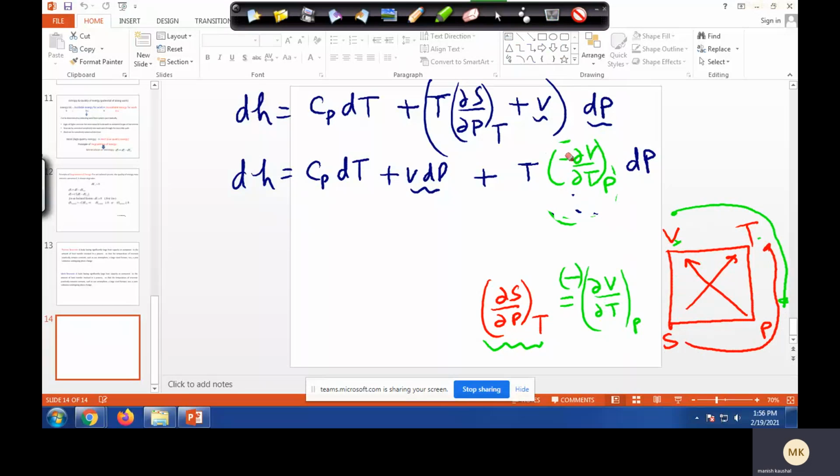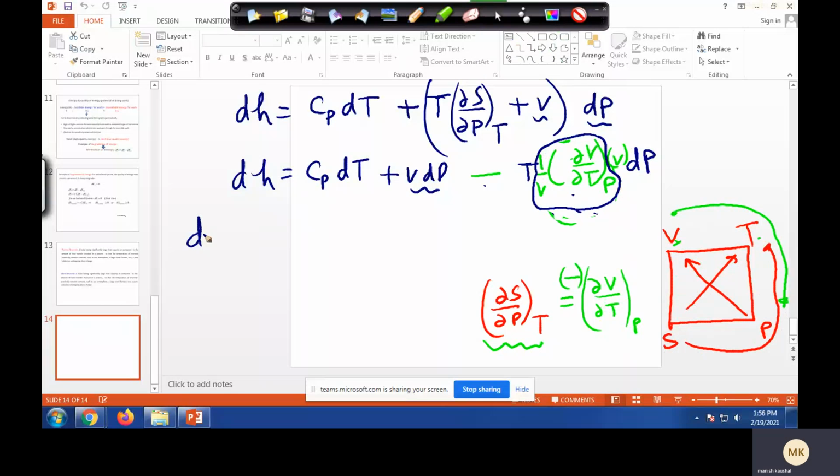Okay, this minus you can put here. And now what you can do, let's say put one V here and one V here, that I can do, V multiplication, V division, and this I certainly know, fractional change in volume with temperature is beta, this quantity.